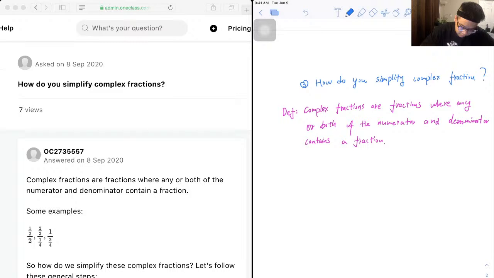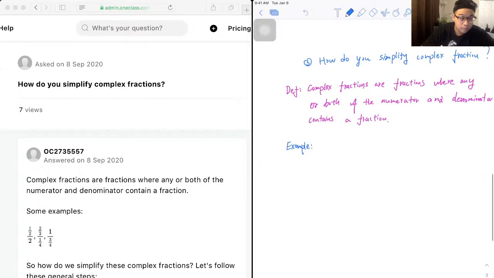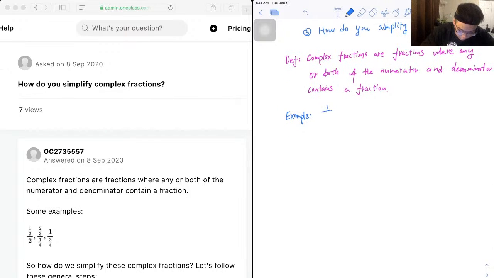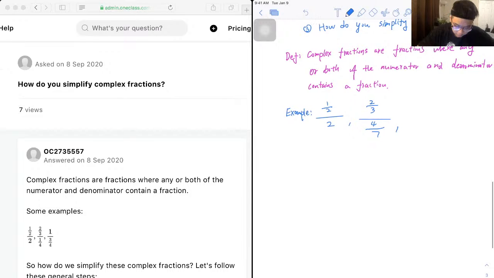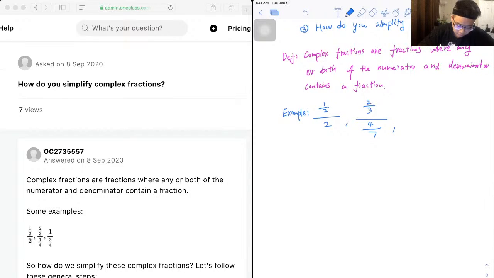So some examples could be 1/2 over 2, and let's say 2 over 3 over 4 over 7, and let's say 5 over 7 over 8.